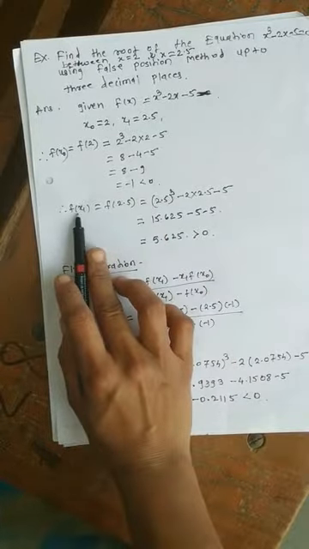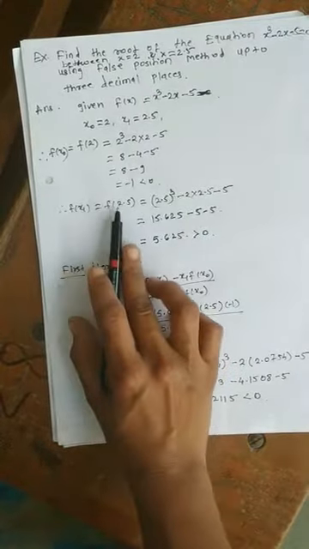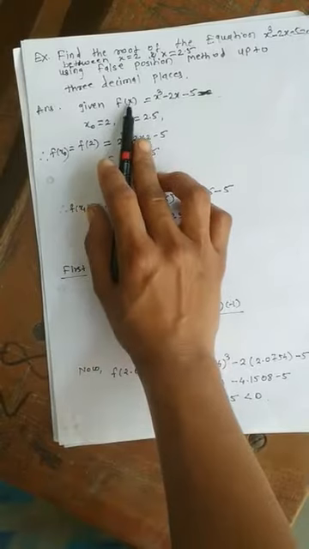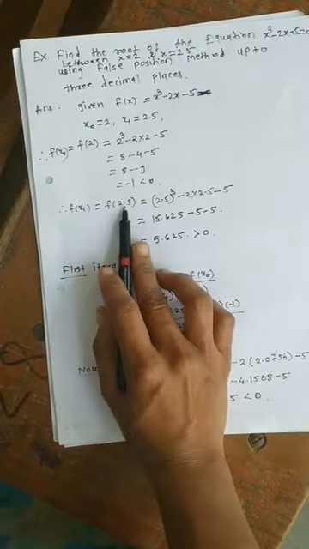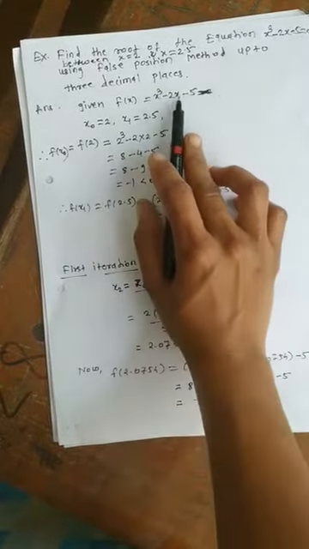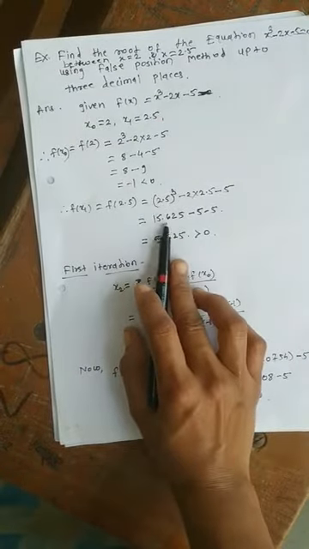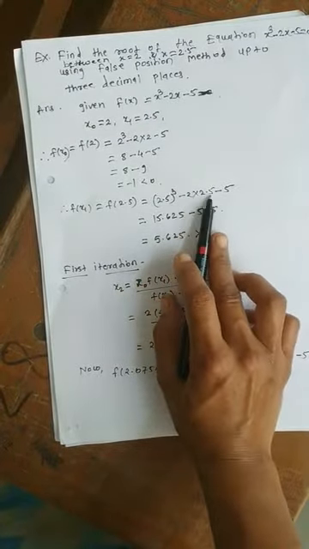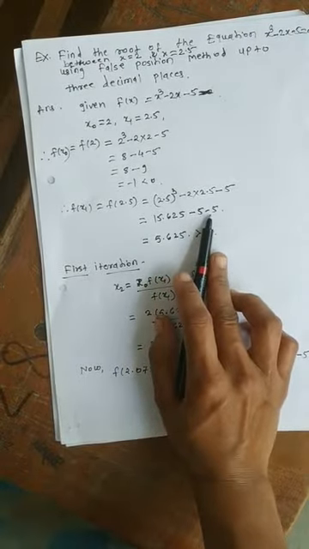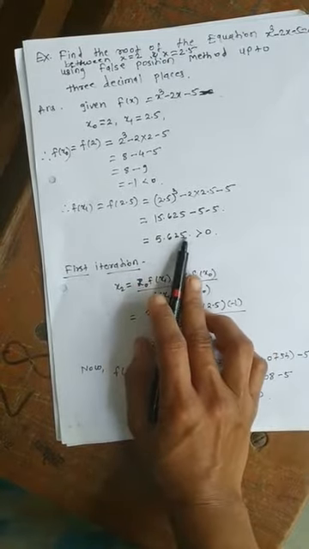Now see, we find next f(x1). x1 is 2.5, so f(2.5) is equal to, in f(x) we put x equal to 2.5, which is 2.5 cube minus 2 into 2.5 minus 5, which is 15.625 minus 5 minus 5, that is 15.625 minus 10, which is equal to 5.625.